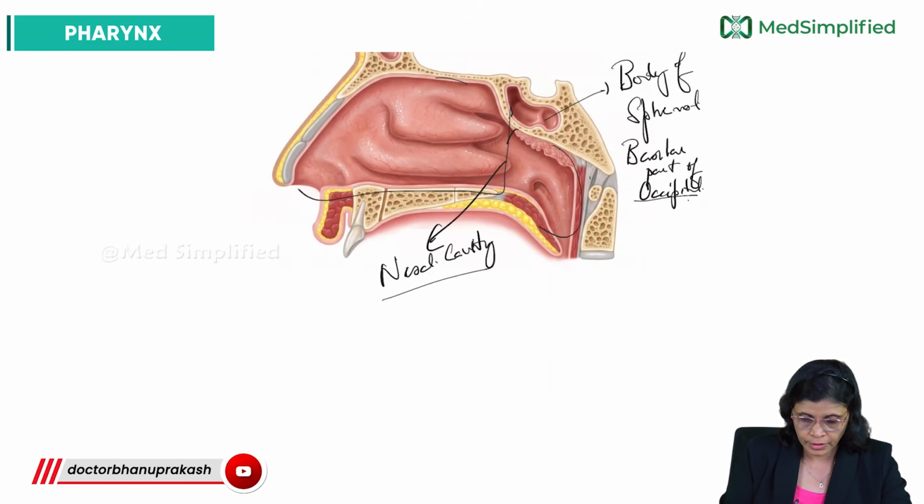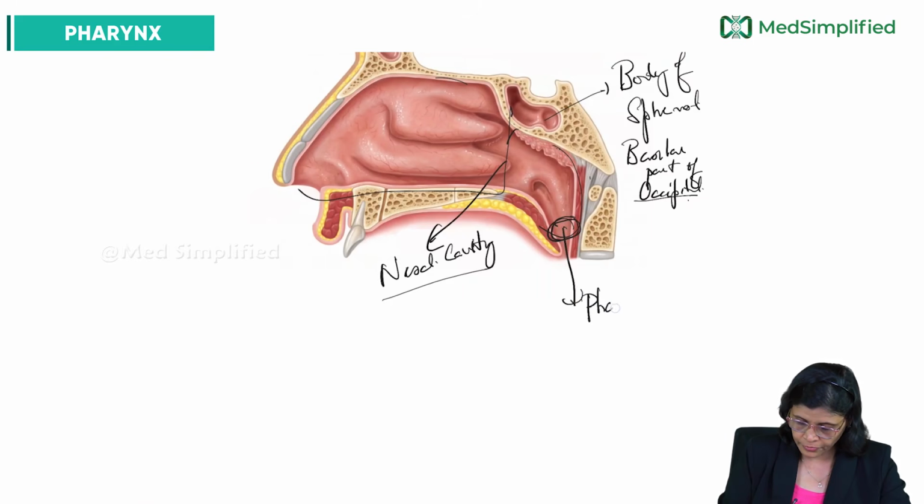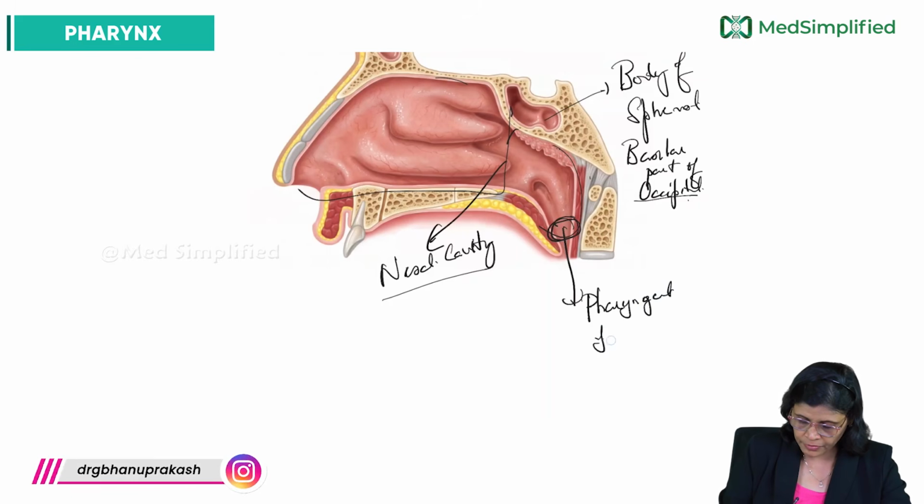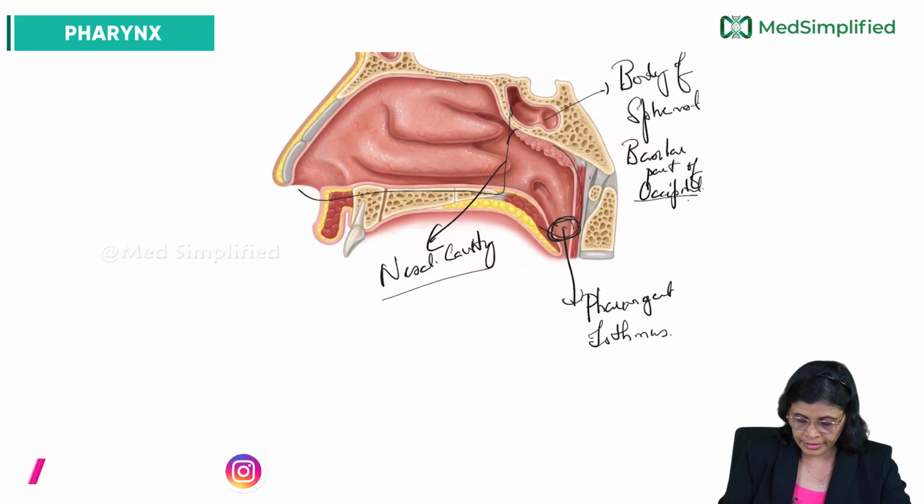The floor is this portion, which we call the pharyngeal isthmus, by which it communicates with the oropharynx.